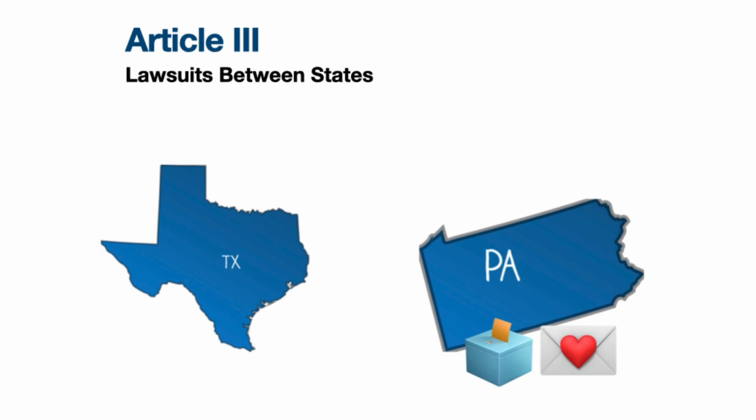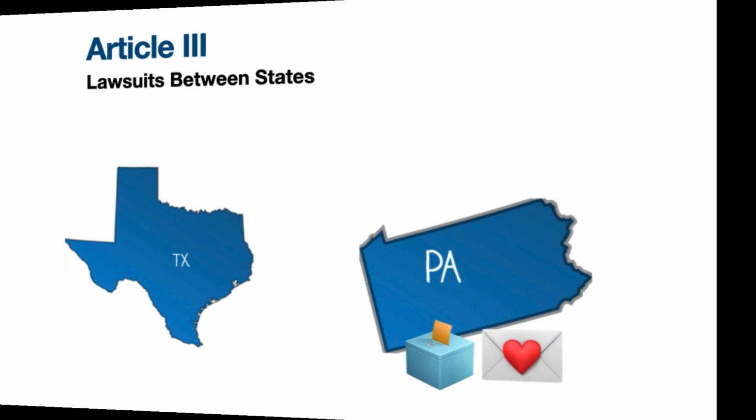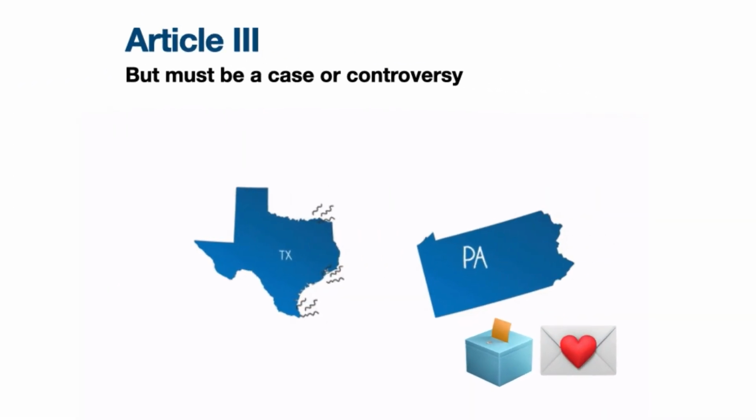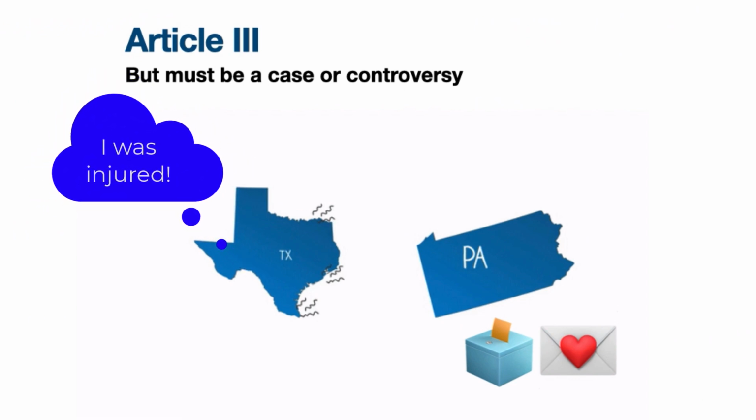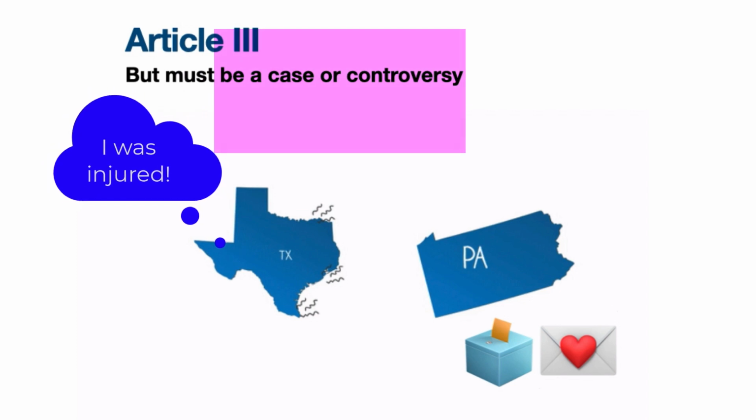So on one level, the Texas v. Pennsylvania case looks like something that absolutely belongs in the Supreme Court because this was a lawsuit between two or more states. Texas was suing other states on grounds that those states did not conduct their presidential election the way that they should have. However, keep in mind that Article 3 limits federal courts to only hearing lawsuits that are actually a case or controversy.